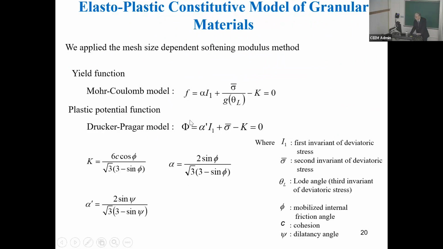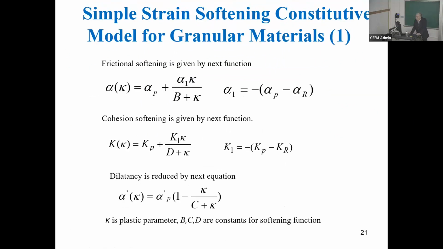If we use the same form for both, then a problem occurs. So the plastic potential function does not include the third invariant, Lode angle. First, I'd like to talk about the simple strain softening constitutive model of granular material.